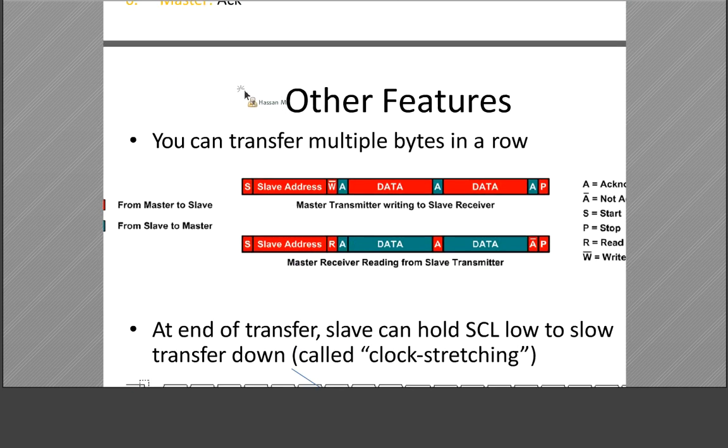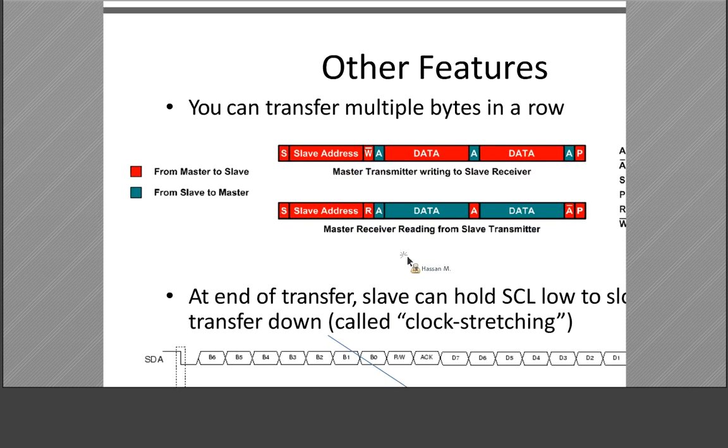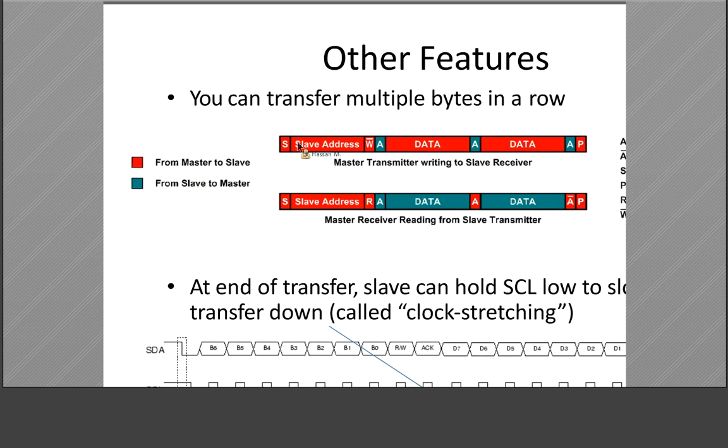This slide, this animation, okay, this notation. For example, the red color is from master to slave, and the blue color is the slave signals from slave to master.